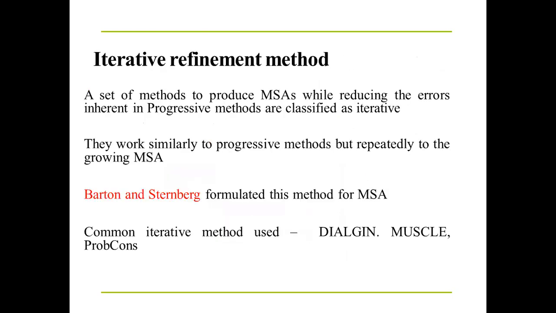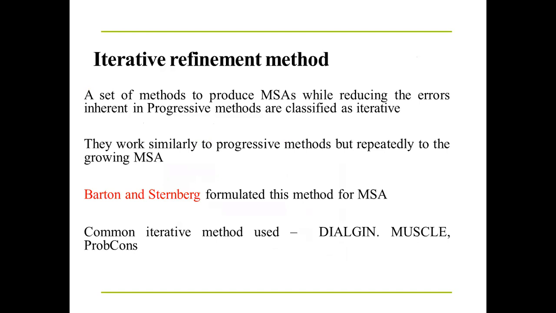After that we have the iterative refinement method. It is another type of multiple sequence alignment that helps to align more than two sequences while reducing error, and it is considered more accurate compared to the progressive method.